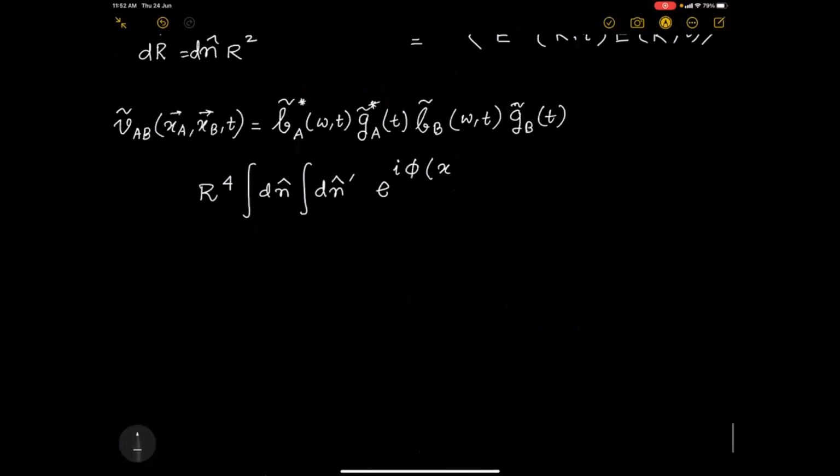This depends on all these quantities. Minus sign because I have to take the complex conjugate of the antenna contribution for the antenna A. Then I have this.